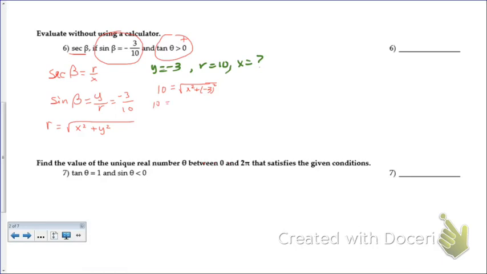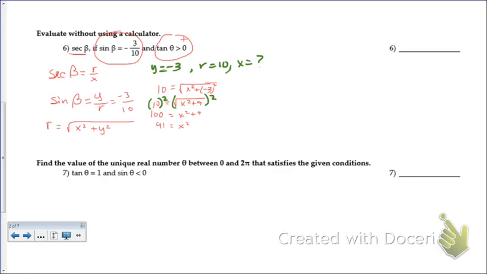So 10 equals the square root of x squared plus 9. And I'm going to square both sides. That gives me 100 equals x squared plus 9. We're going to subtract 9, so that gives me 91 equals x squared.